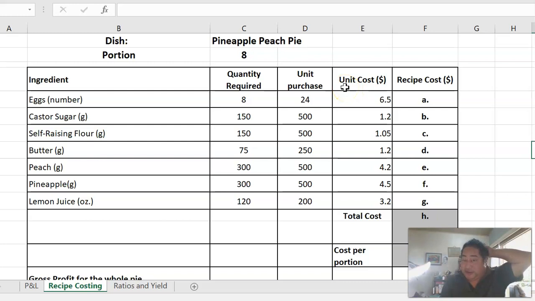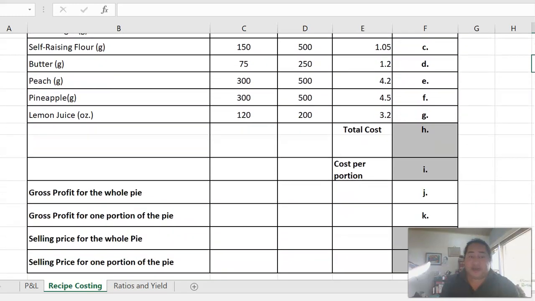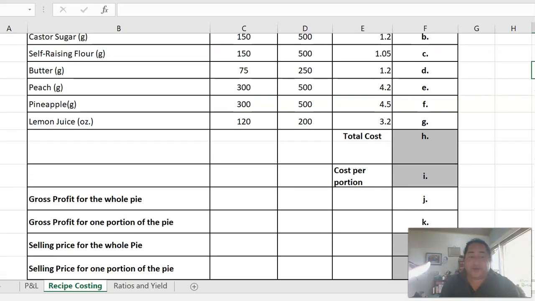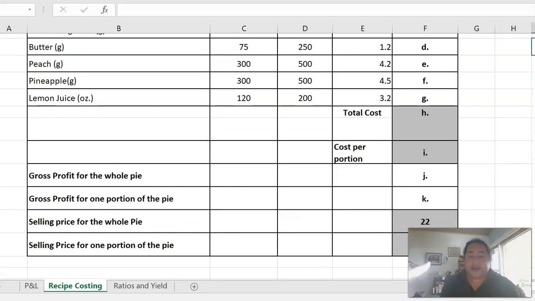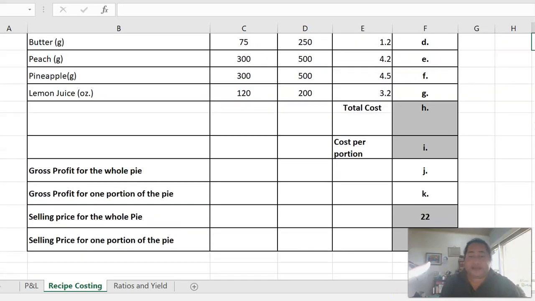So in your group, whichever dish you choose, you have to look for the actual ingredients. You can go on YouTube or the internet to find them. The selling price for the portion of the pie and the whole pie is hypothetical.